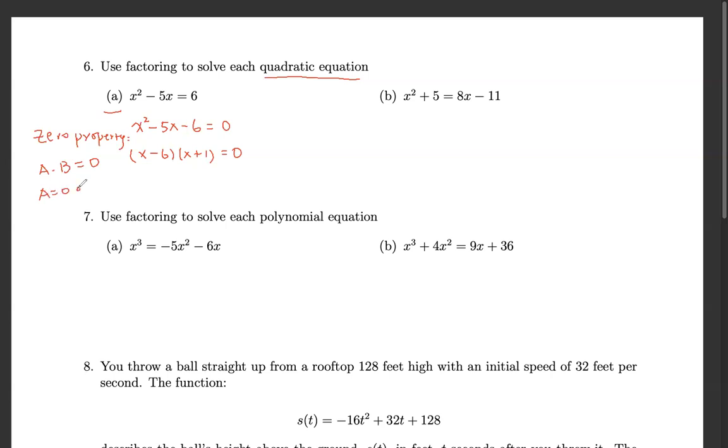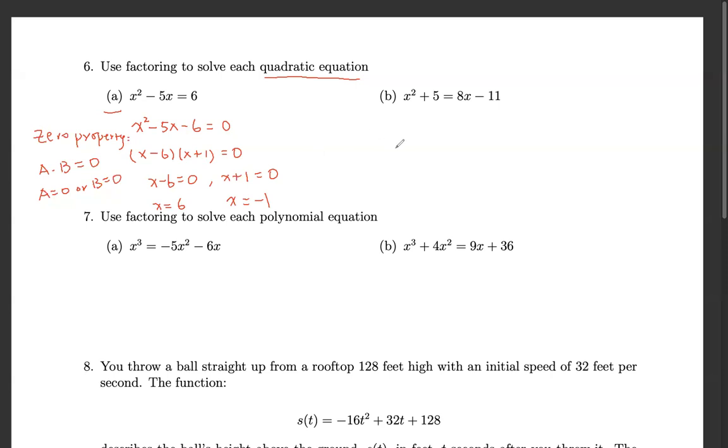A can be 0, or B can be 0, or maybe A and B are both 0. Okay. So in this case, our A is x minus 6. That means x minus 6 can be 0, since 0 times anything is 0. Then also x plus 1 can be 0. Solve this one, add 6 on both sides, or move 6 from the left-hand side to the right. Same thing for this. So we have two solutions. We get 6, we get negative 1.